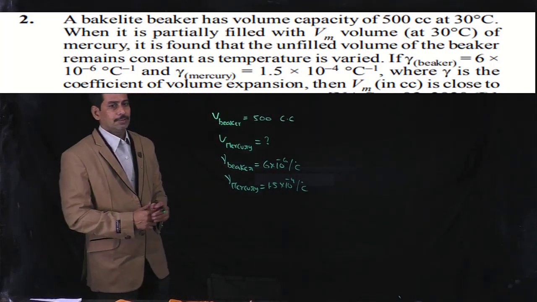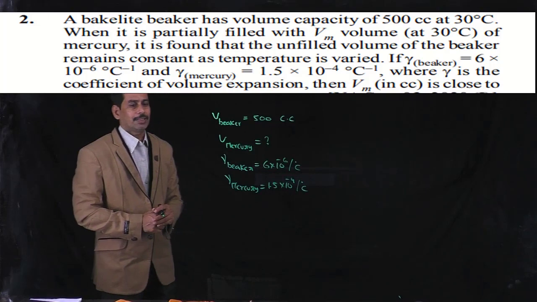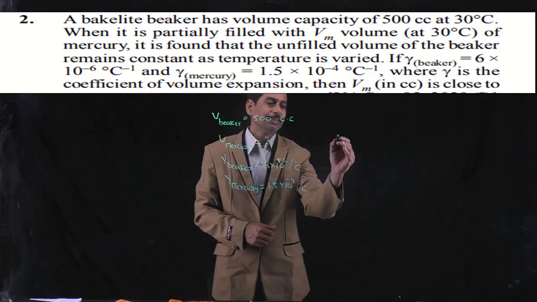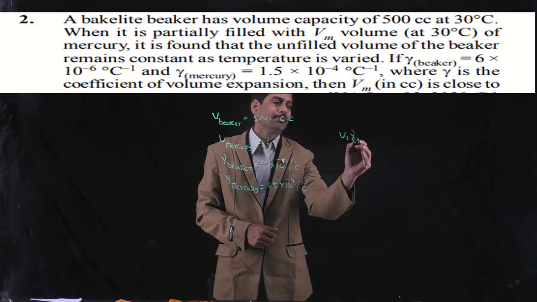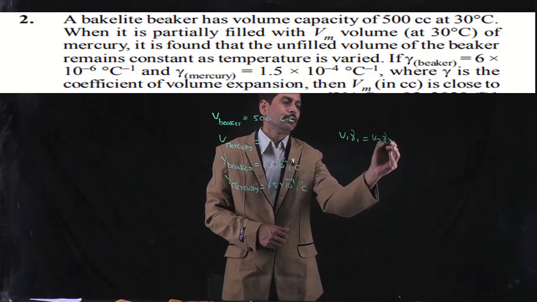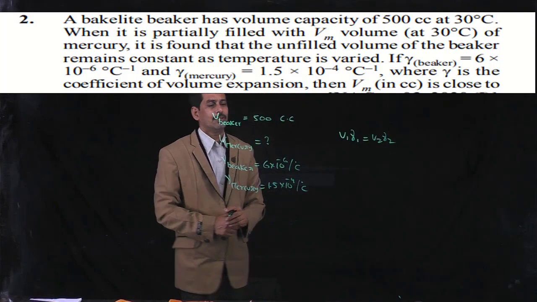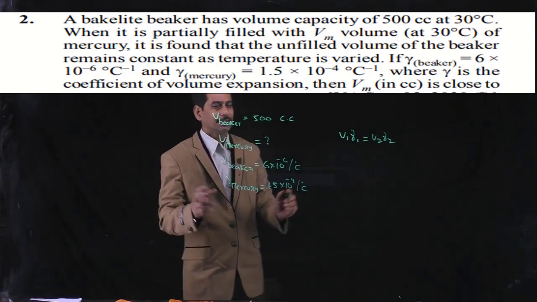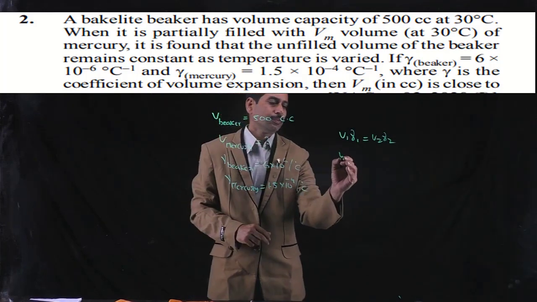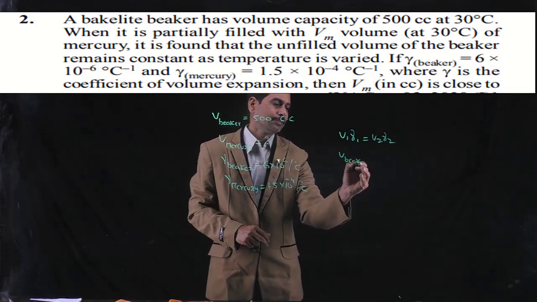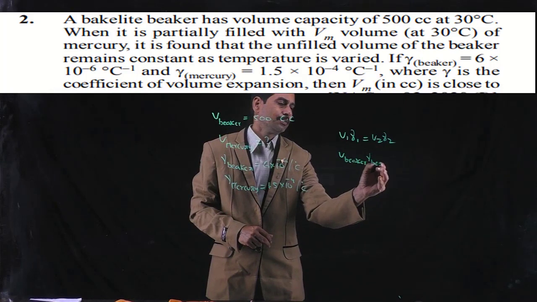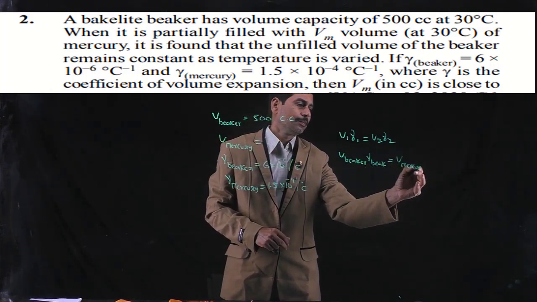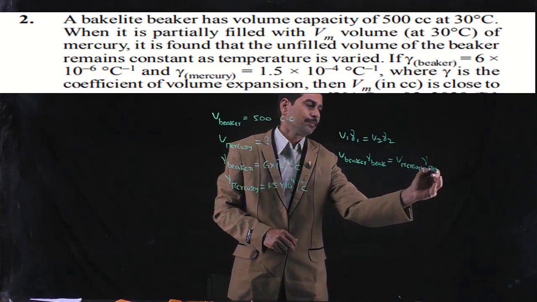Since the unfilled volume of the beaker remains constant, the condition is V1 gamma 1 must be equal to V2 gamma 2. So V of beaker into gamma of beaker must be equal to V of mercury into gamma of mercury.